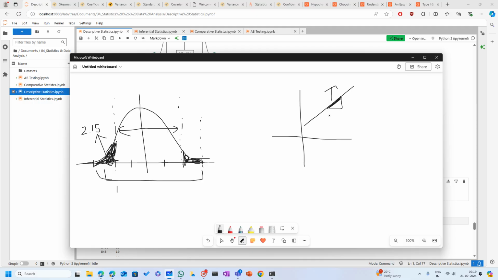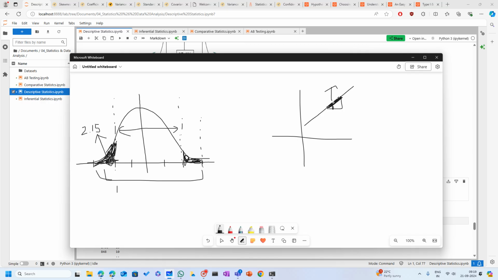Change in the value of y for the change in the value of x. So mathematically, what you said, we'll measure the angle here. Tangent of the angle, tan theta.